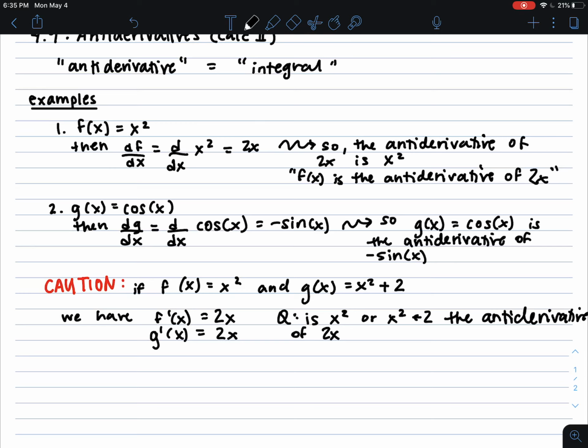Right? So above, we took what we got as a derivative and undid it. Well, we see here that if we have 2x as a derivative, we could undo it either way. We could have x squared or we could have x squared plus 2. And the answer is technically both are true.